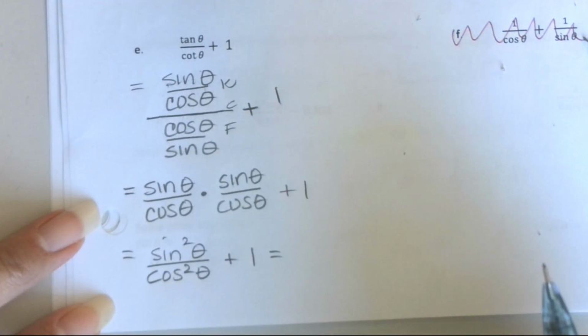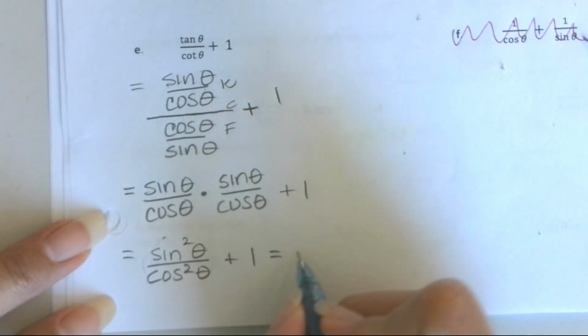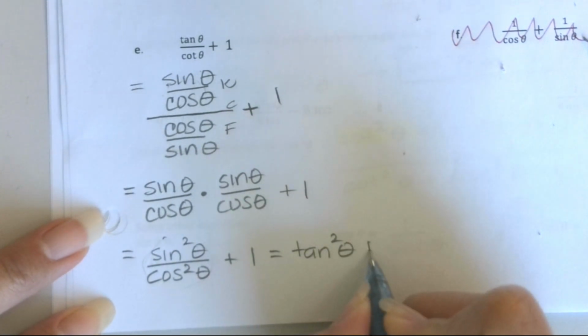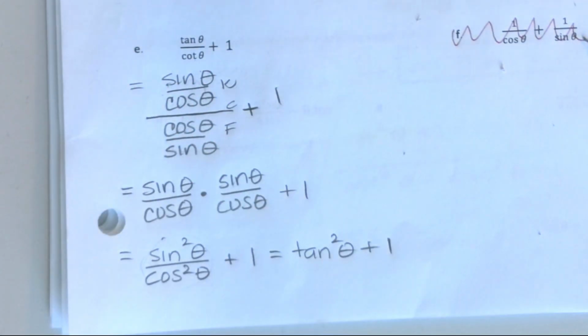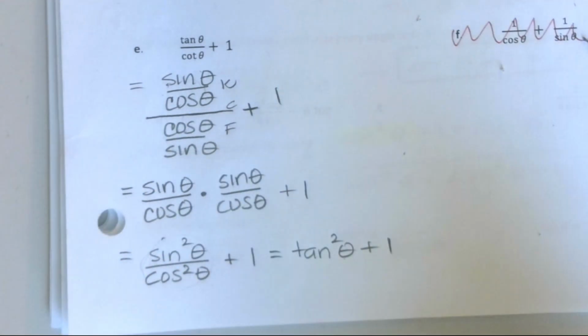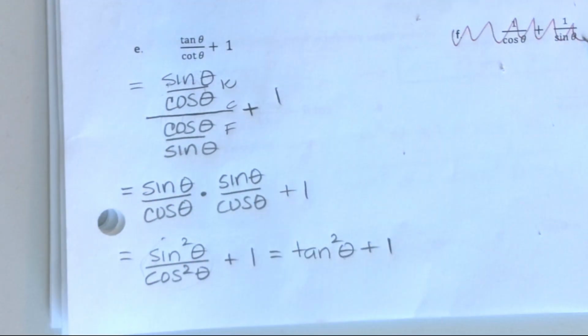Is it 2 tan squared? What is this? Tan, but times 2. Yes. So 2 tan squared theta plus the 1. Is that what you meant? Yeah? Okay. So sine over cosine is tangent. So sine squared over cosine squared is tangent squared. All right, do we stop here? Nope, correct.